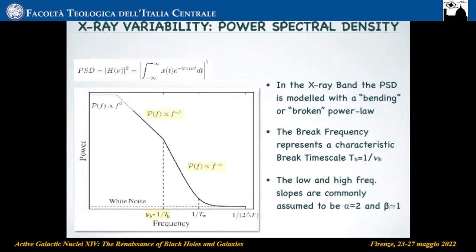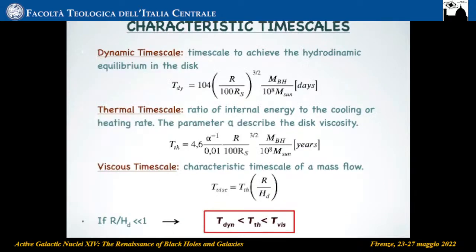And usually these are assumed to be -1, -2, which are some average values, while the break can depend on physical parameters, and in part also the normalization of this curve. We expect this because, as Barbara showed this morning, the dynamical time scale, thermal time scale, viscous time scale, or all of them to some extent will depend especially on the black hole mass, and then possibly through other parameters, for instance the disk height, can also include the dependence on the accretion rate.